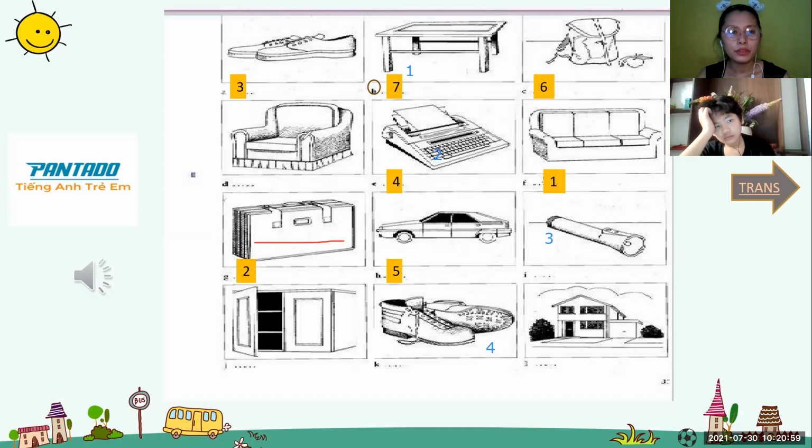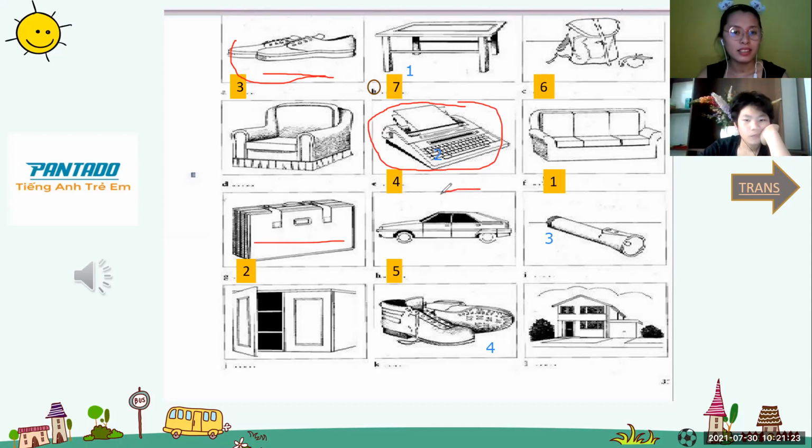And then number 3, it is used if you're going to play a game. It's very comfortable to wear, the shoes, I mean. Number 4, you can do typing. You can easily type on that. That is a typewriter.